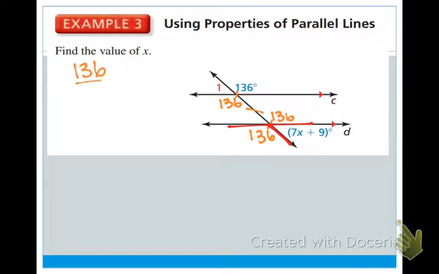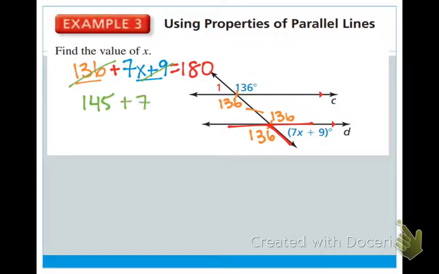So 136 is my first angle. I'm going to add it to 7x plus 9, and then they will equal 180. Okay, so add my two angles, set them equal to 180. So I combine like terms. What's 136 plus 9? 145, yep.